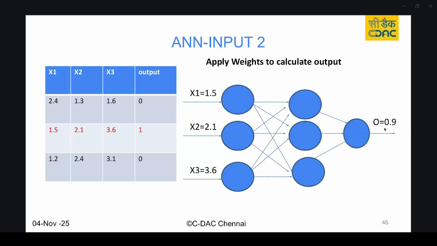So when I calculate the error, I'll get an error of 0.9 minus 1, which is minus 0.1. So again, I don't get an error of 0, and my objective is to get a 0 error. So I'll again adjust the weights associated with my connections. Then again I'll go to the third row.